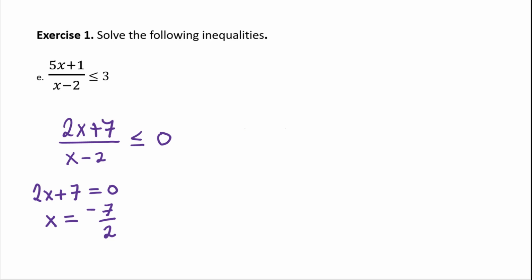And the denominator, x minus 2 equals 0, solving for x, when x equals 2. These two numbers let us divide the number line into 3 separate intervals. The intervals are from negative infinity to negative 7/2, negative 7/2 to 2, and then 2 to positive infinity.